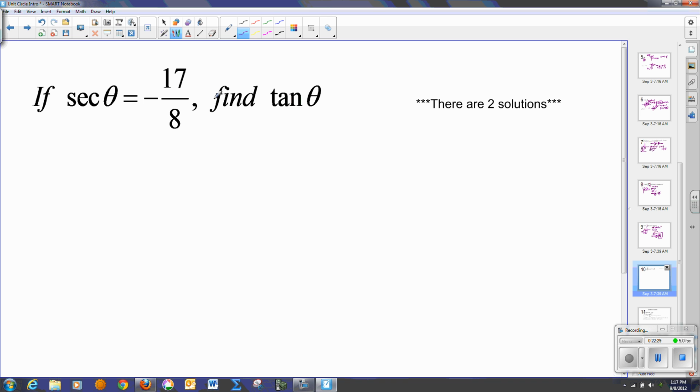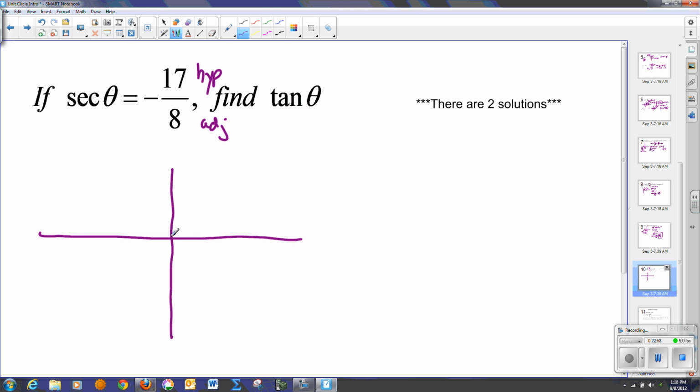Our last example is that we're given the secant. So if we're given the secant, I know that's the hypotenuse over the adjacent side, because this is the reciprocal of cosine. And notice this problem's a little bit different because it doesn't tell us which quadrant we're in. However, I know that if I have an adjacent side and my secant value is negative, that tells me my x value must be negative.